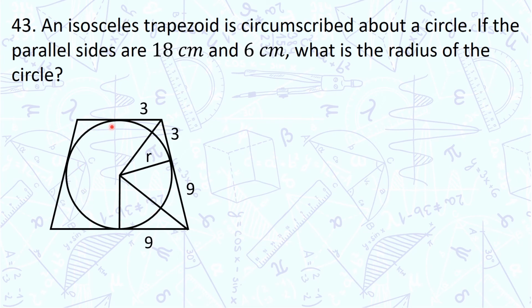That means the sides of the trapezoid are tangent to the circle. So if the parallel sides are 18 and 6, then the circle is tangent to the 18 centimeter side at its midpoint, also tangent to the 6 centimeter side at its midpoint.